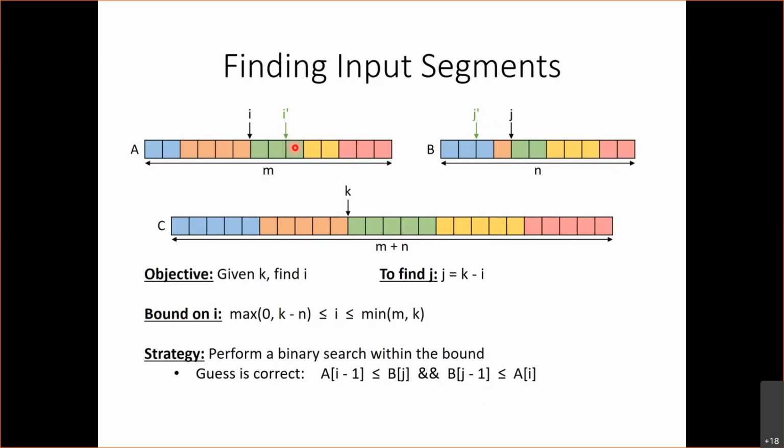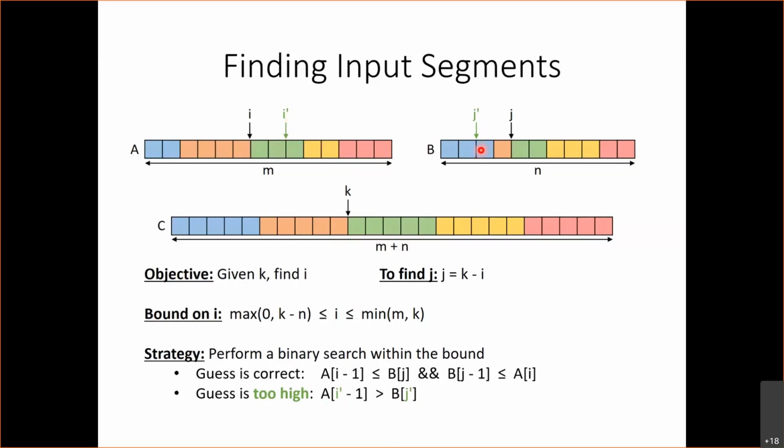So we know that our guess is too high if A of I minus 1 is not less than or equal to B of J, so if it's greater than. So our guess is too high if A of I prime minus 1 is greater than B of J prime.